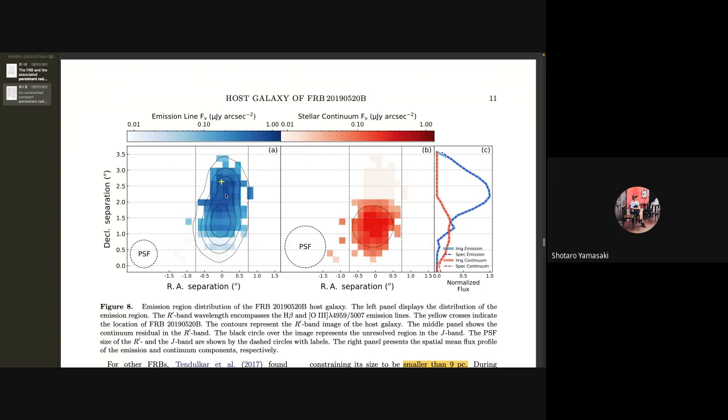In this left panel with the blue contour, the location of the FRB is the yellow cross, yes. My question is, you said the path length can be very small because of the enhanced ionization, but why? I don't understand your statement.